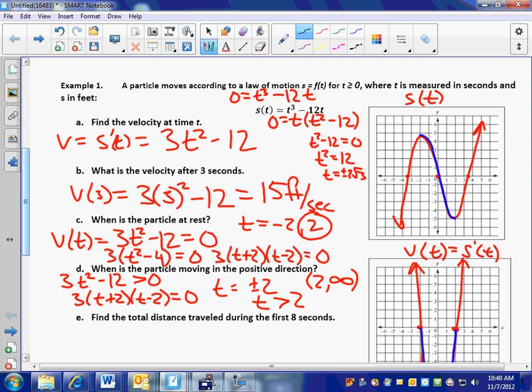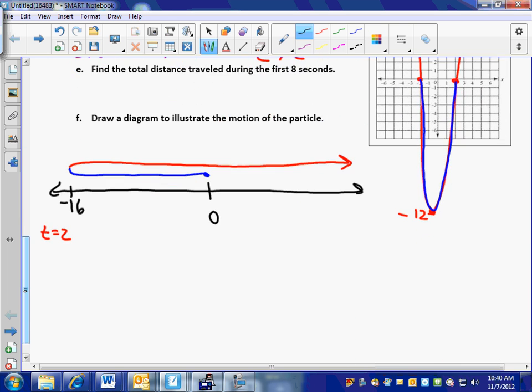Minus 12 times 8. 416. Okay. So at 8 seconds, at time equals 8, it's at 416 on the number line.